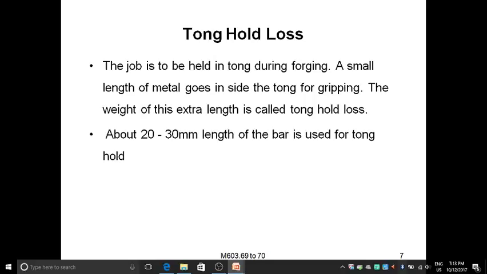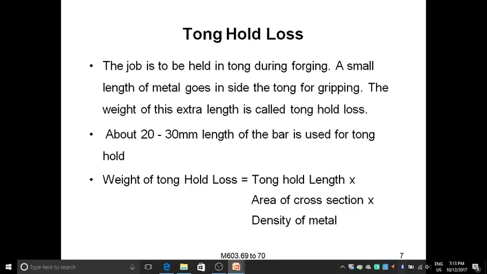In this case, about 20 to 30 mm length, or 2 to 3 centimeter length, will be given as an extra length for all the workpieces to hold with the help of the tongue. So now you can see here, you calculate the weight: you have the extra length, around 20 to 30 millimeters, then you multiply by the cross section, so length times area gives you the volume, then you multiply with the density, you will get the weight.